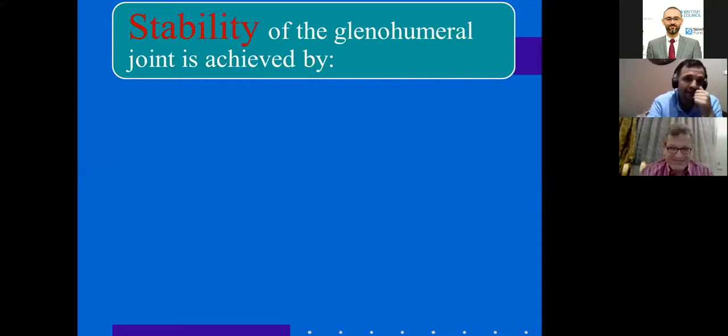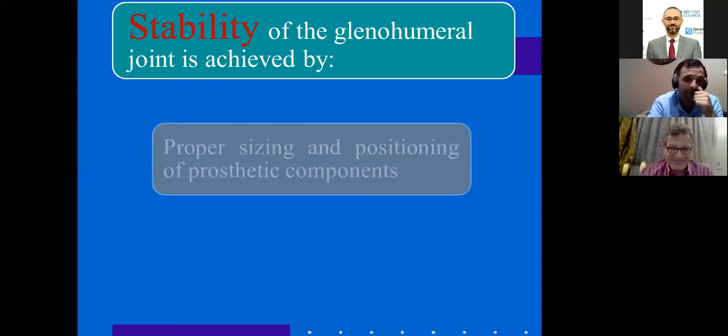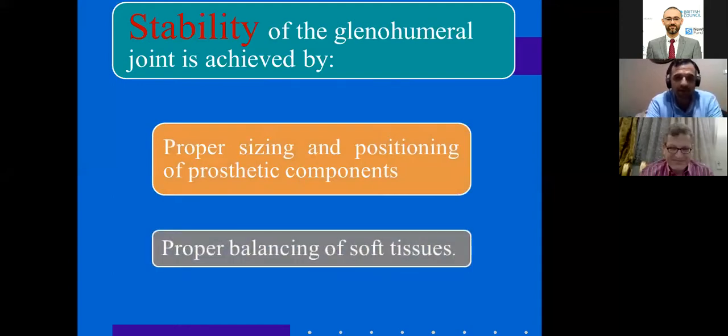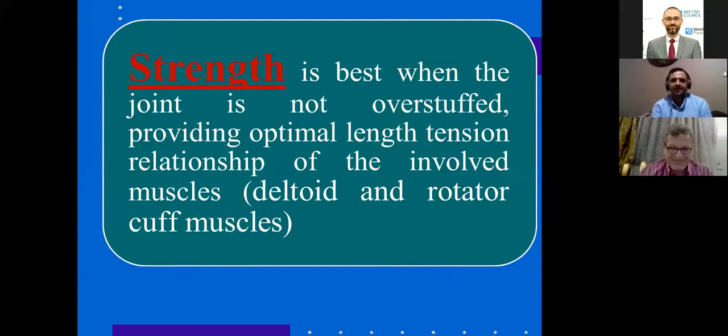The stability of the glenohumeral joint is achieved by proper sizing and position of the prosthetic component, and proper balancing of the soft tissue, whether anterior, posterior, superior, inferior. The strength is best when the joint is not overstuffed, providing optimal length-tension relationship of the involved muscles, especially deltoid and rotator cuff muscles.